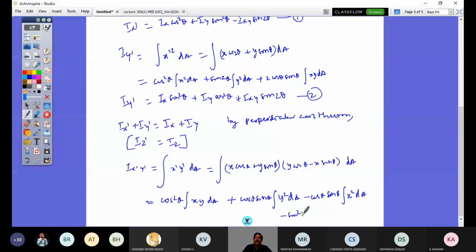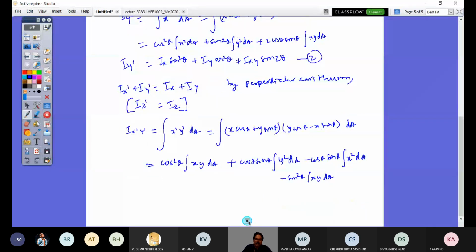I can use some additional trigonometric relations that we know, that sin 2 theta, which we have used already. Sin 2 theta is 2 cos theta sin theta. And you know what is cos 2 theta? Cos 2 theta is cos squared theta minus sin squared theta.